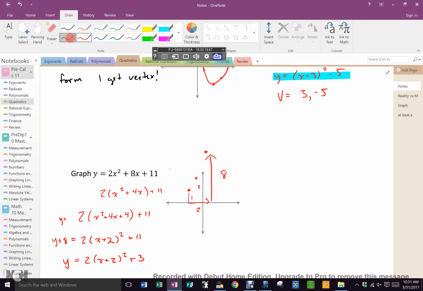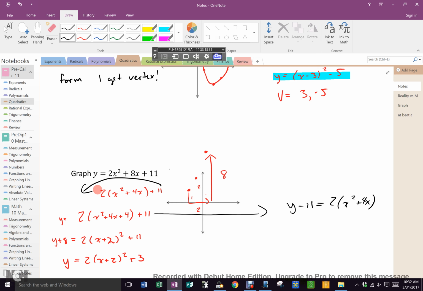Would it help you, Kelvin, if I wrote it this way at this step? y minus 11 equals 2x squared plus 4x. You can move it over at the start. I don't know what makes more sense to you, so I show you what I do.